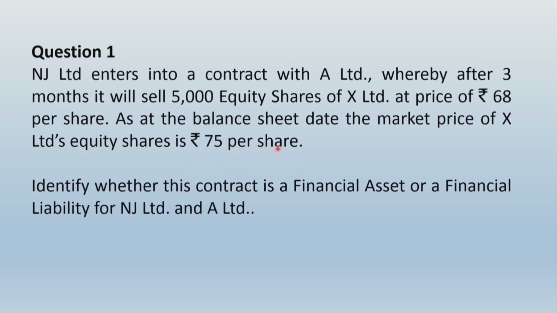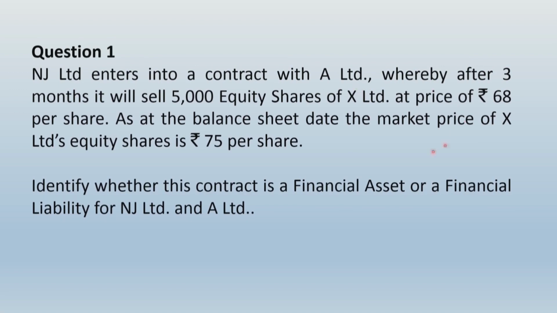Now the point is very clear, something having a price of 75 in the market, NJ Limited has agreed to sell it at a low price, correct? So it is basically a loss to NJ Limited, and if this contract is to be settled in cash, it will be NJ Limited which will have to pay off this loss to the counterparty A Limited.